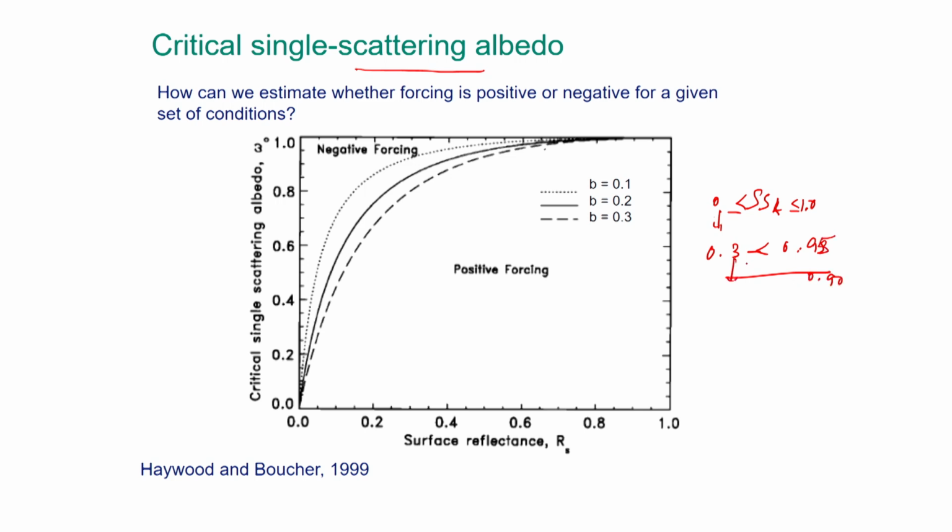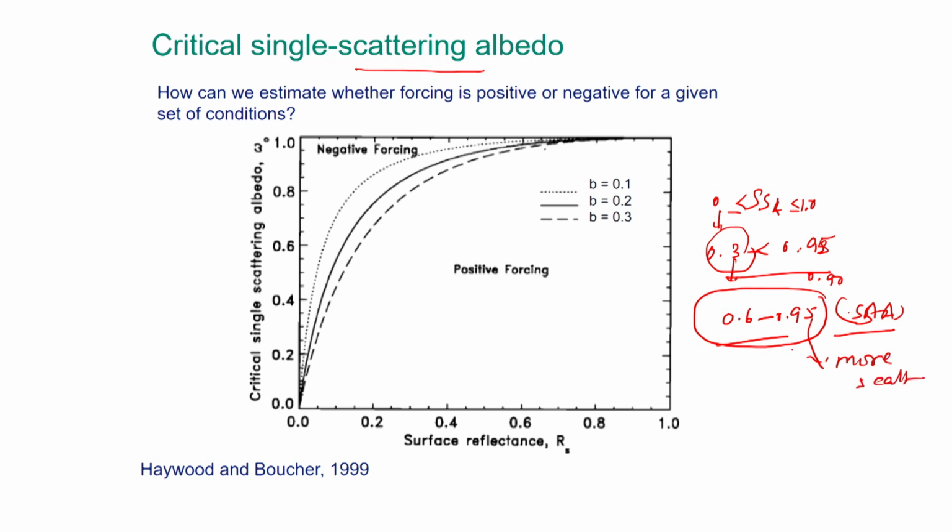Usually we have a variability of 0.6 to 0.95 or so in SSA. It is a very small-scale variability, but of course higher values mean more scattering, as we discussed, because the scattering component is on top, and lower values mean absorbing ones.